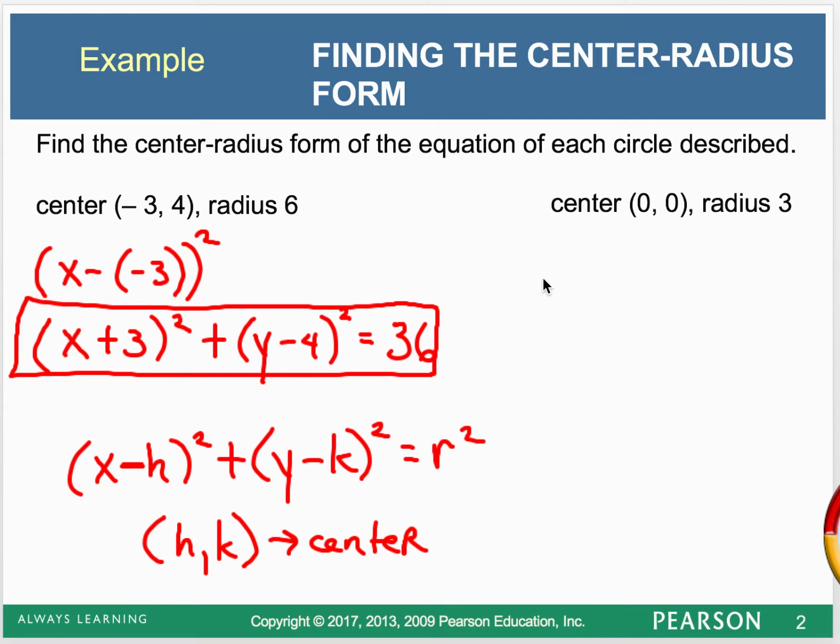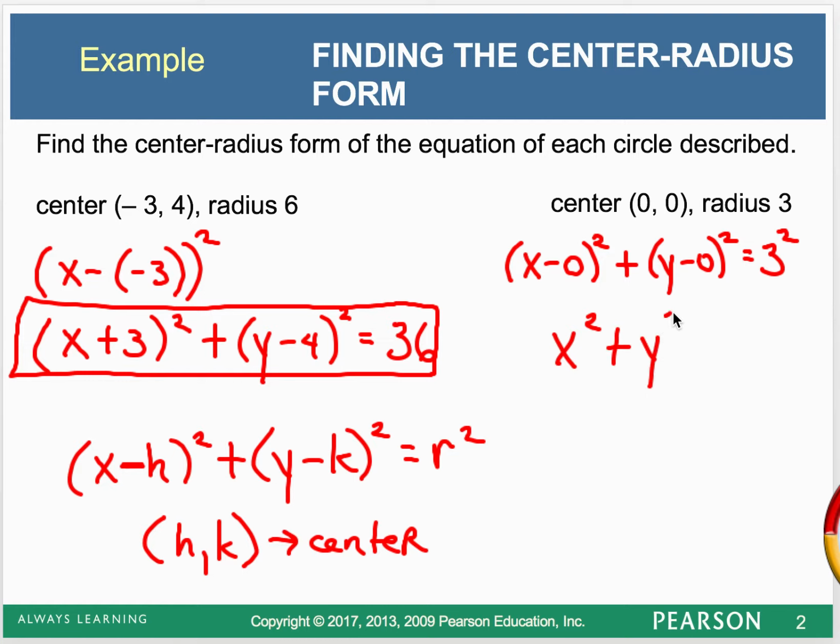Okay, on this one, I would have (x minus 0) squared, technically, plus (y minus 0) squared equals r squared. Or, since it's minus 0, we can just say, oh, that's x squared plus y squared equals 9.